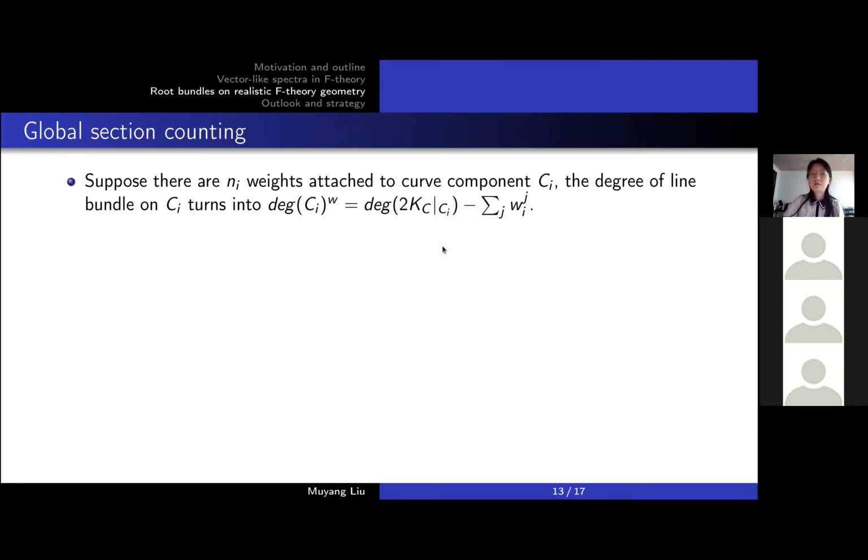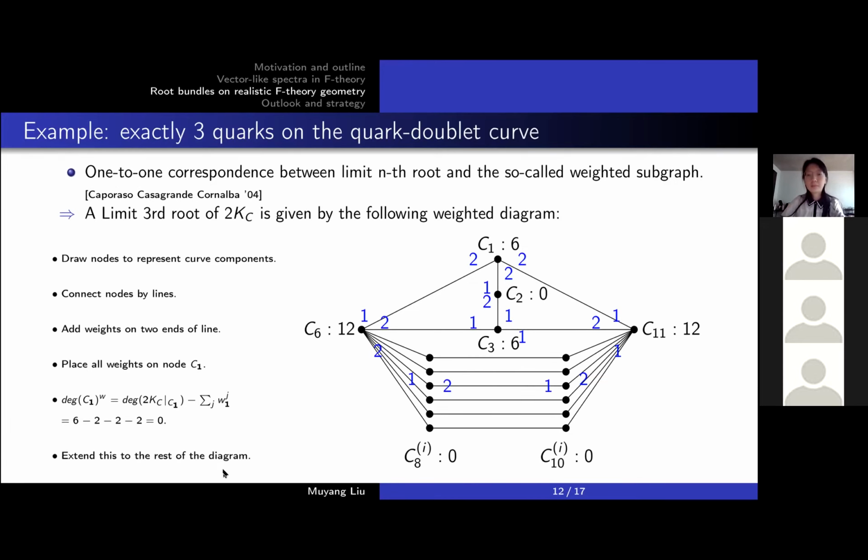Then the degree of the line bundle on Ci after placing weights is the difference between the original 2Kc degree and the summation of the weights. So just to repeat, I do the procedure I did for C1 for all the rest of the curve components.